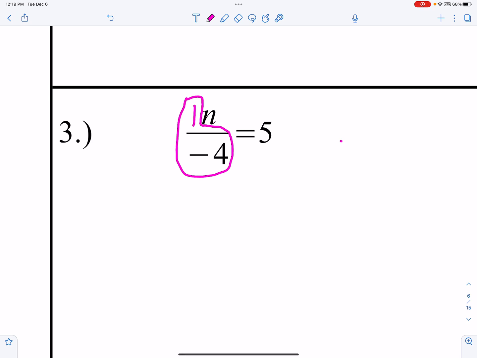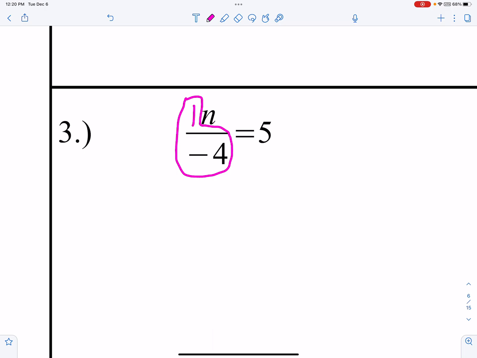This is really 1 over -4 times n over 1. What they did was join these together and get rid of the 1 because of the identity property, and just wrote n over -4. So you need to be able to understand and see that this is 1 over -4.